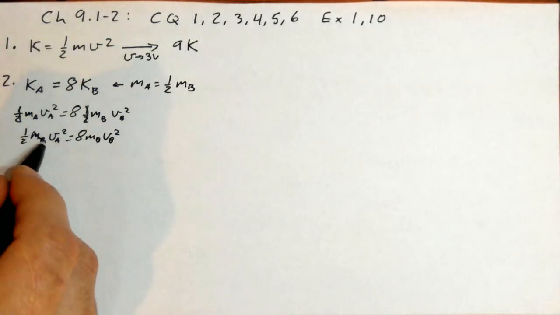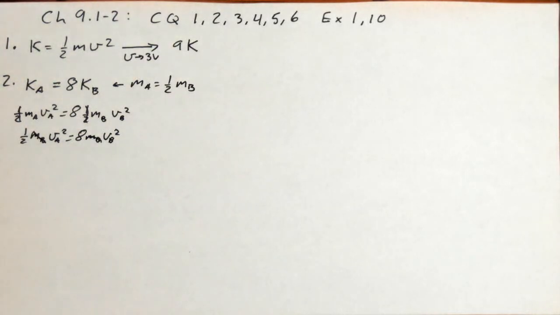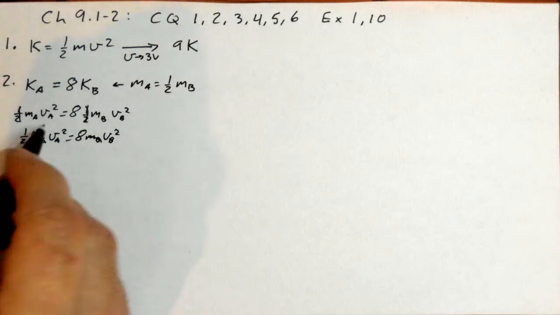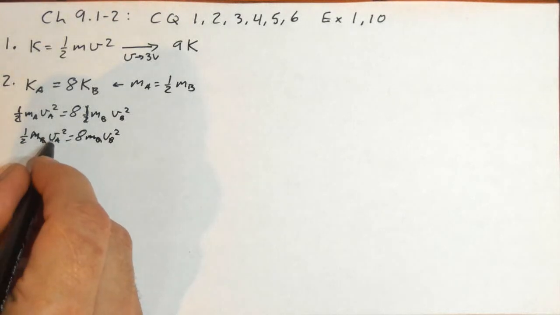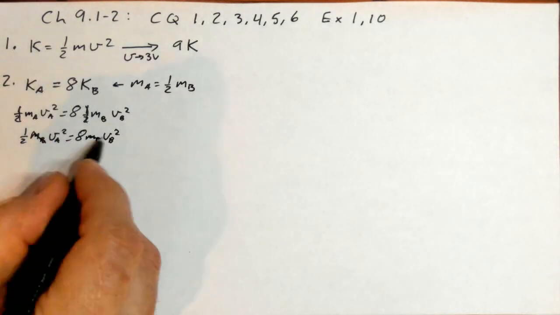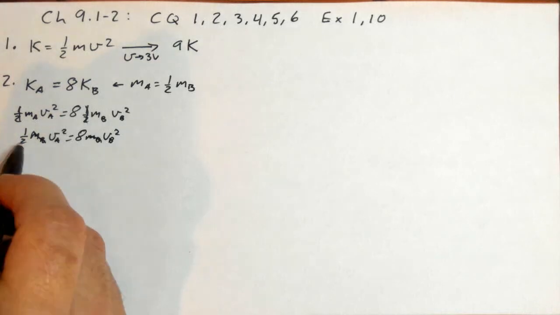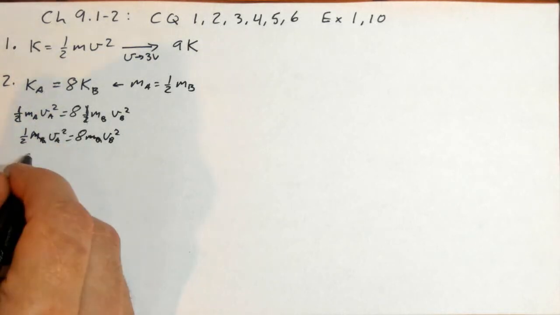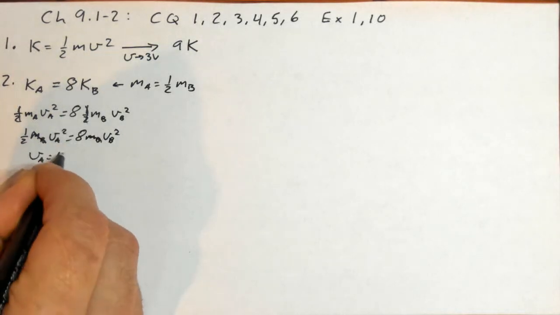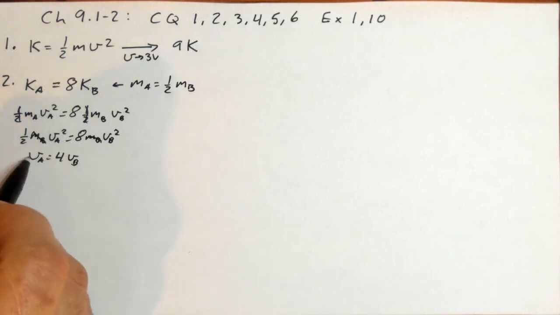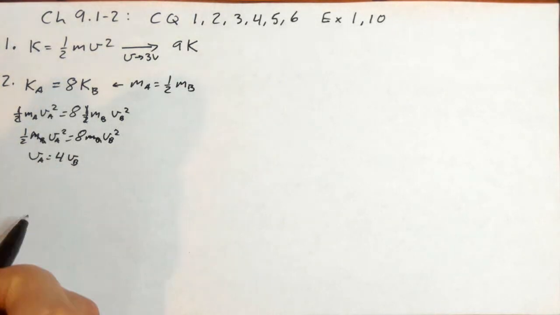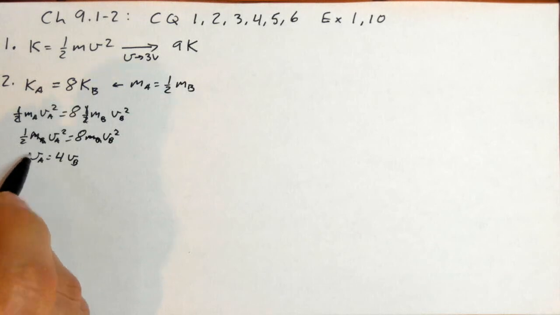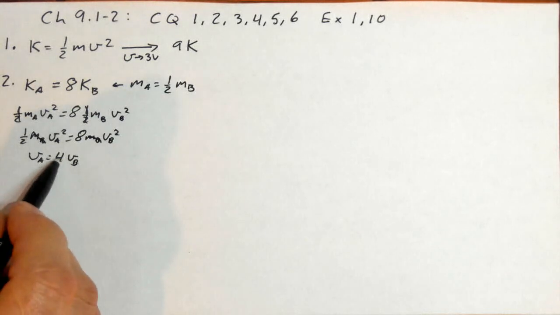Okay, the masses now cancel, so I don't care about their exact value. And I see that v_A squared, if I multiply 2 across, is 16 v_B squared, squaring everything. And so we see that the ratio of v_A to v_B is 4.